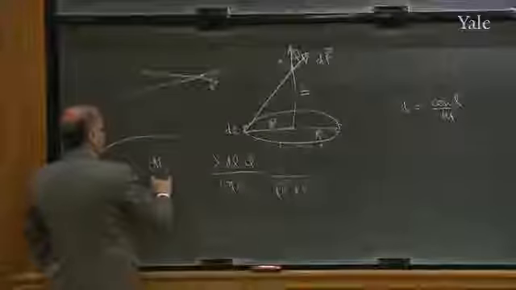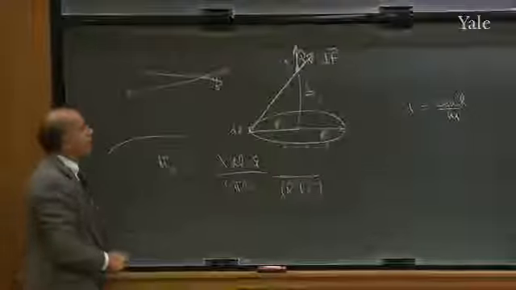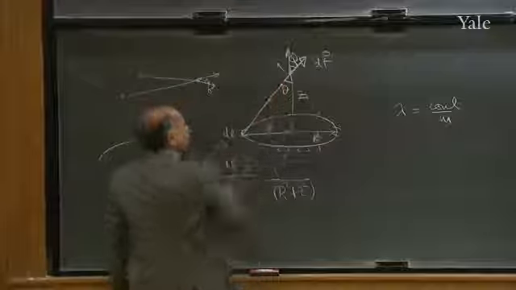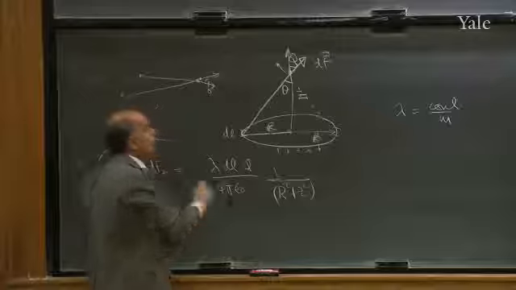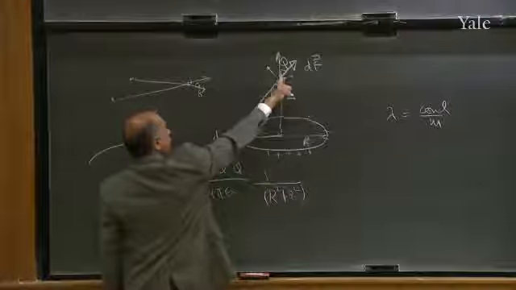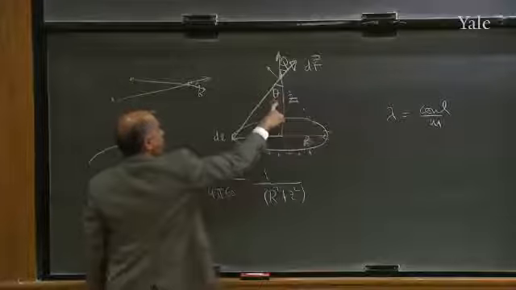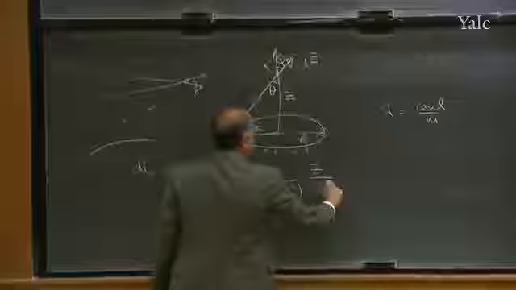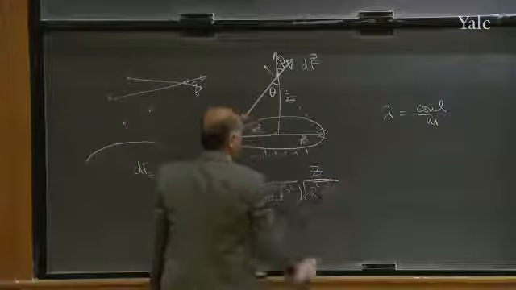I denote it by dF in the z direction. For that, you have to take this force and multiply by cosine of that theta. I hope you know how to find the component of a force in a direction. It's the cosine of the angle between them. That angle is equal to this angle, and cosine of this is z divided by the square root of R squared plus z squared.